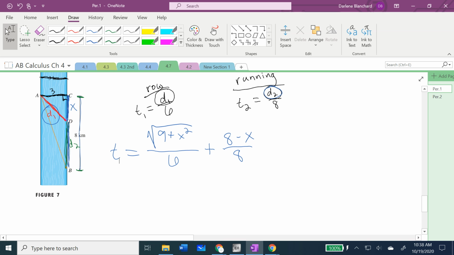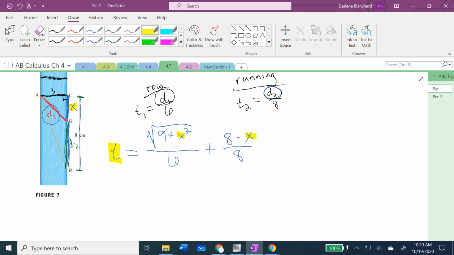If I want to optimize this, that means I need to find where the derivative is 0. And it's really important that you understand why we're doing that. We're looking at time as basically the y value of a function, and this x is the input of that function, which we usually see horizontally.